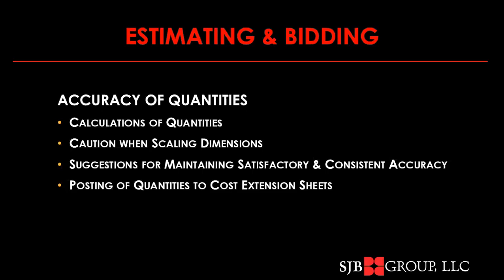We need to identify each sheet of our estimate with the project name, the date, who did the work, and who checked the work. We need to identify where the information came from by what sheet number, what section number, what detail on the plans. We need to clearly identify the total for any number that's going to be posted to our costing sheet.